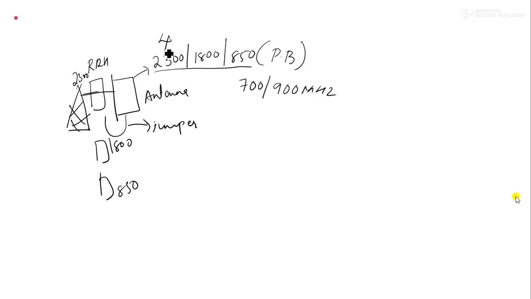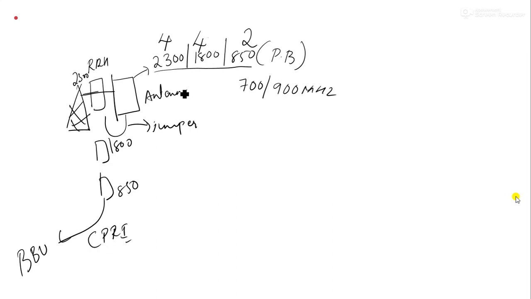Typically, we had 4 jumper cables for 2300, 4 for 1800, and 2 for 850. This signifies the number of antennas supported: 4, 4 and 2. And this was given to the BBU, the baseband unit, via the CPRI cable.